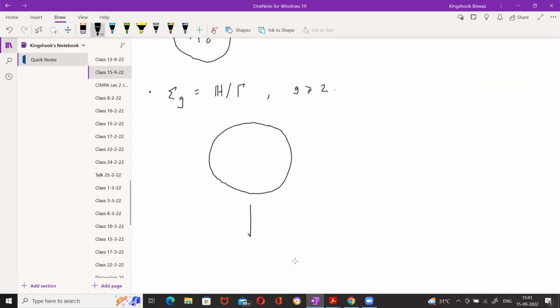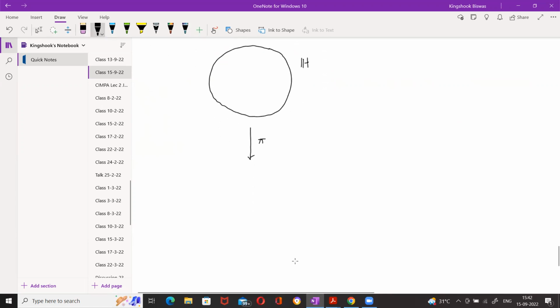Here's my universal cover H, and my quotient is my surface of genus G. Now, if I take two points here, say X and Y, what will be all the geodesics from X to Y?